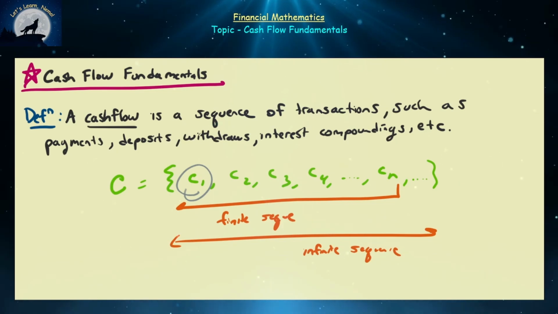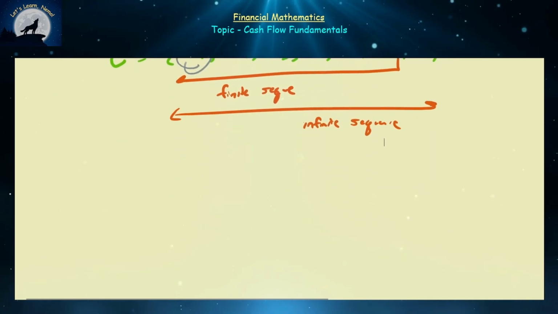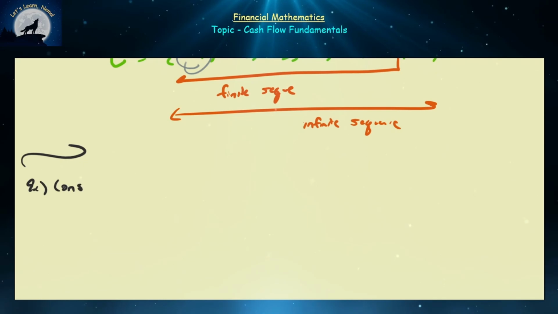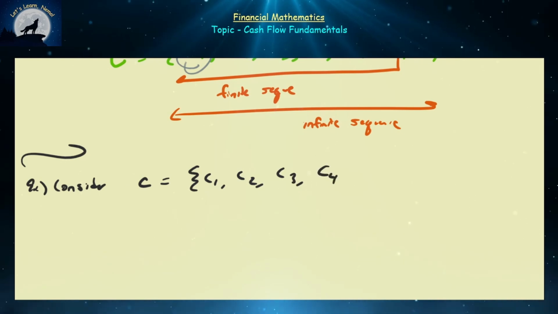Let's actually consider a specific cash flow to analyze. As an example, consider C to be equal to C1, C2, C3, and C4. For example, you make a payment to your friend tomorrow, the next day, and the next day after.